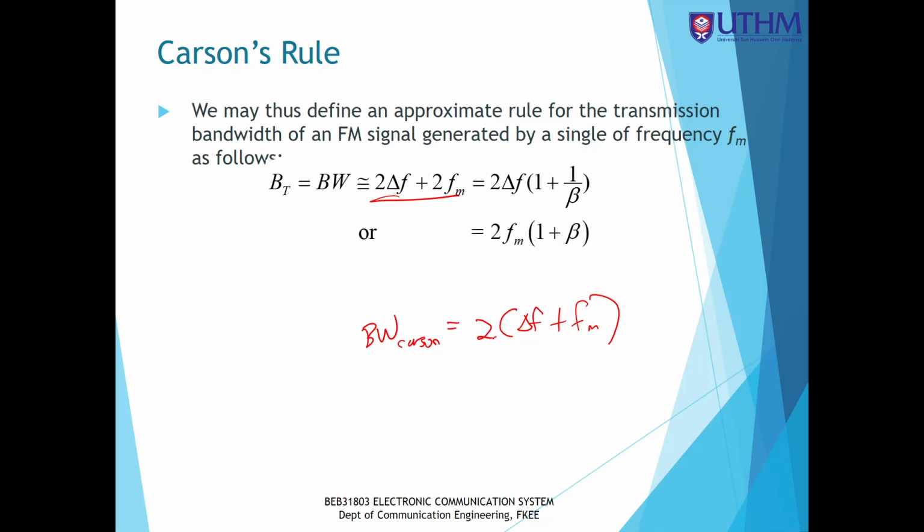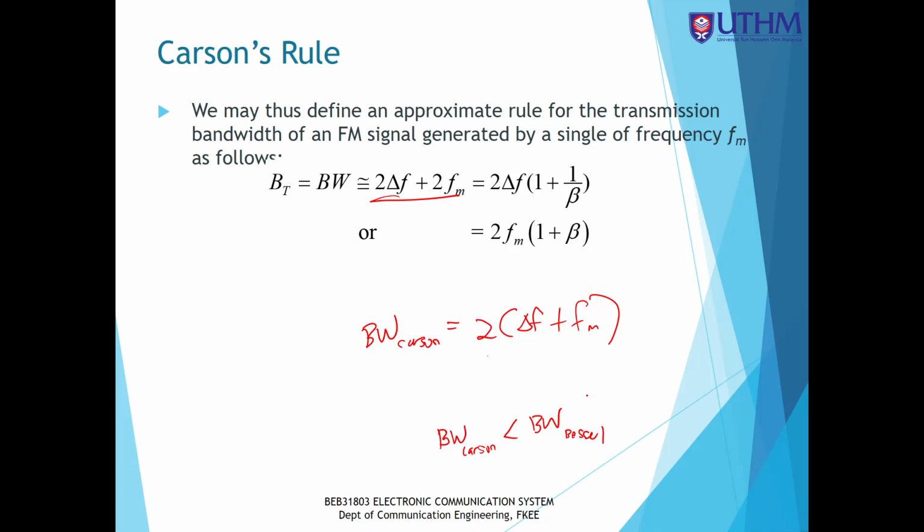So 2 times delta F plus Fm, and you're gonna see later that bandwidth Carson is actually less than bandwidth by Bessel.